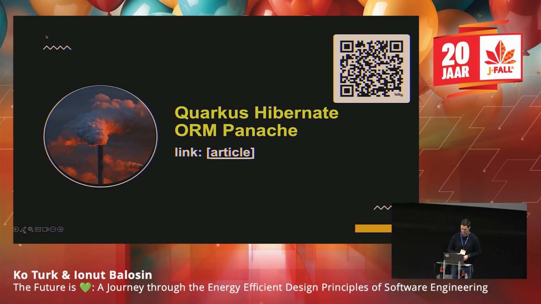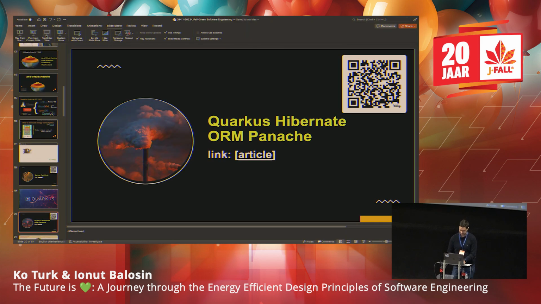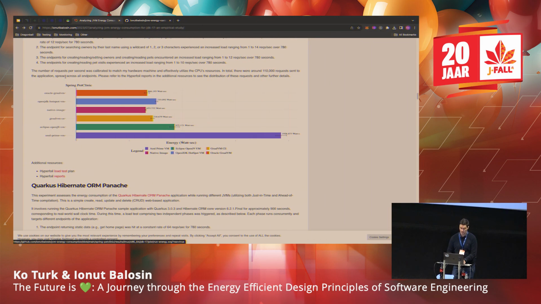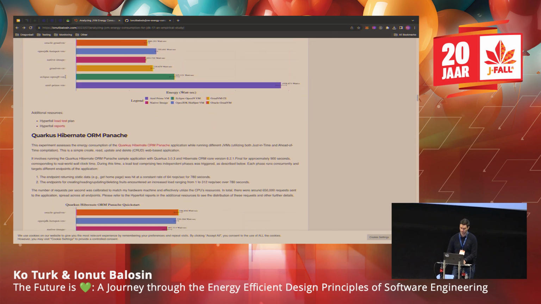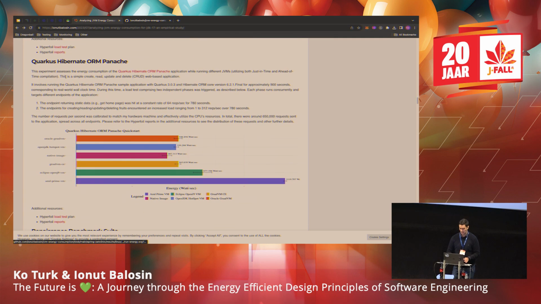Okay, so this was about Quarkus, and Quarkus provides a lot of samples. We explicitly took this Hibernate with Panache one. It's a Hello World application, but in a nutshell it's a microservice which exposes some endpoints. These endpoints allow you to do CRUD operations.